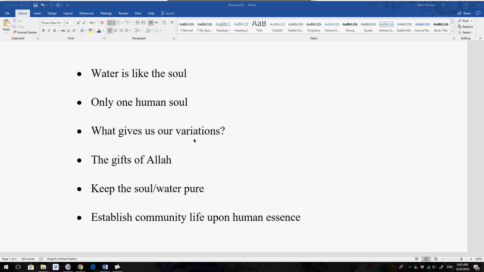If we do not do that, then we will never be afforded the life that Allah invites us to as Muslims. This is the application that I'm giving of what we're talking about today in terms of us being like the plant life.